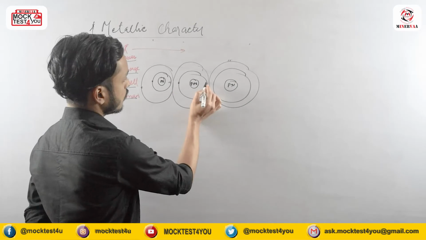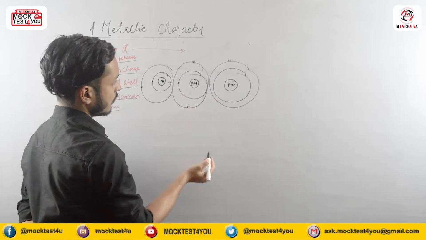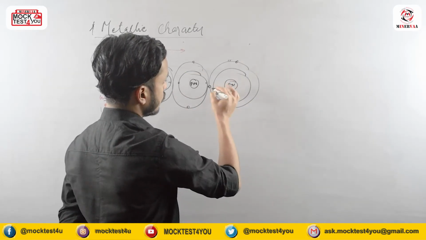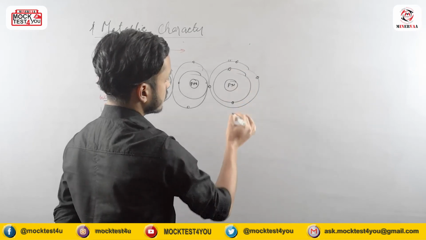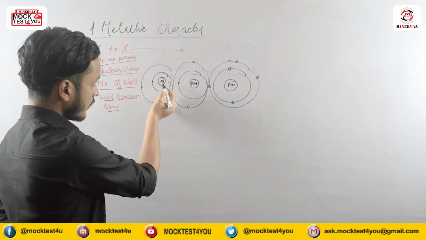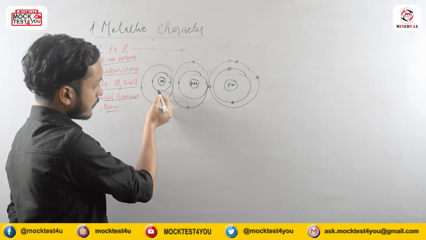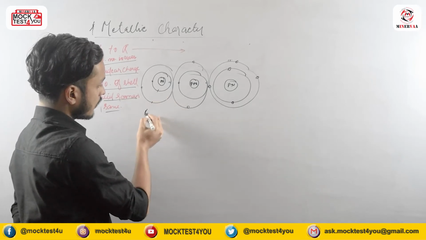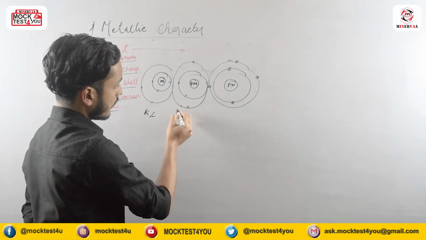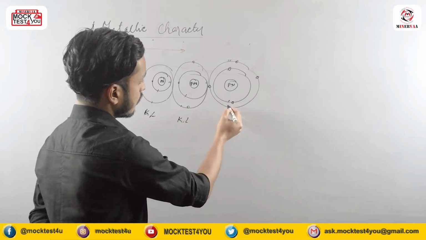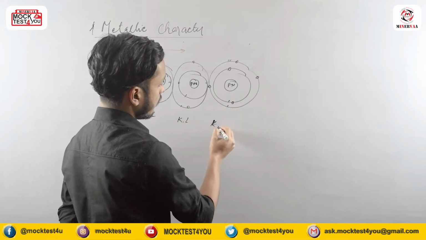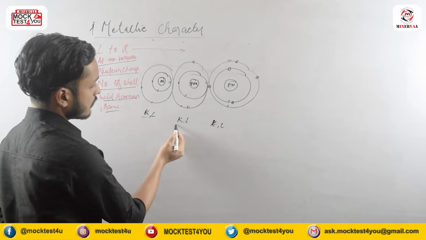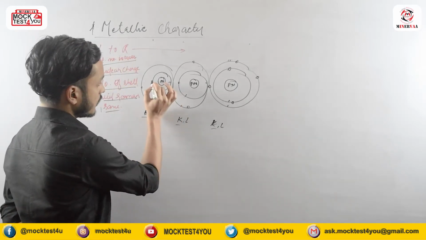In the second case, 2 electrons here and 2 electrons here. In the third case, 2 here and 3 here. So the number of shells remains the same, K and L in each case.